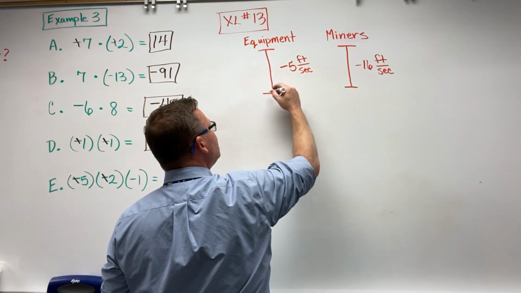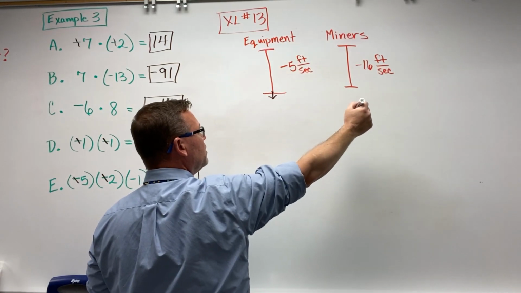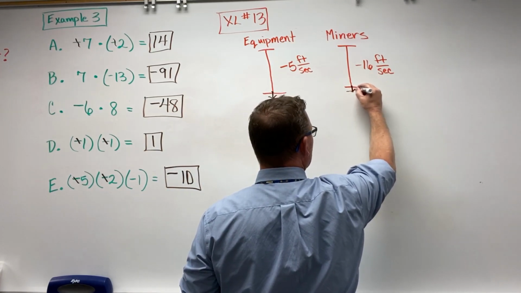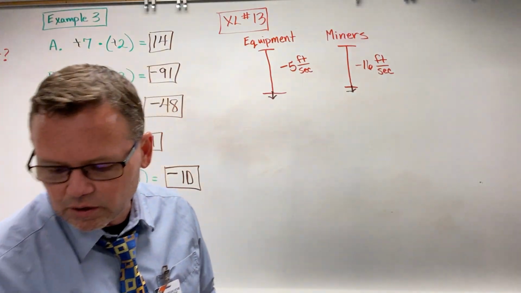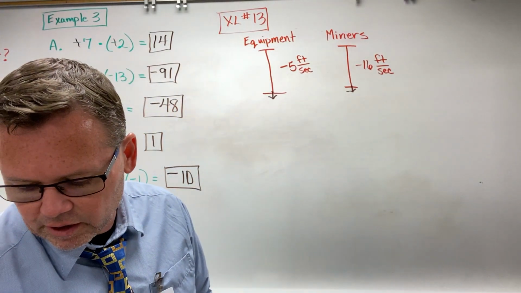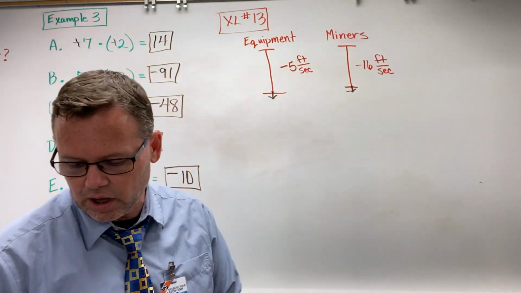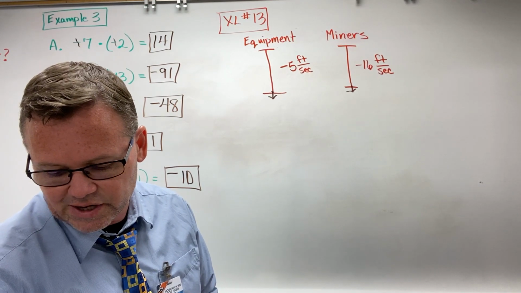In other words, they're going down at a rate of 5 feet per second. The miners are going down quicker at a rate of 16 feet per second. So what we have here is the equipment elevator has a 25-second head start. Okay, then both elevators descend for another 16 seconds.